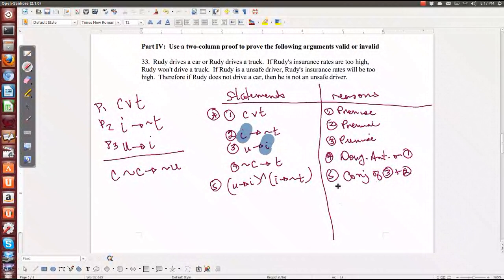And so when I do the conjunction of 3 and 2, that's a hypothetical syllogism. And that's going to give me my first antecedent, conditional, my second consequent.